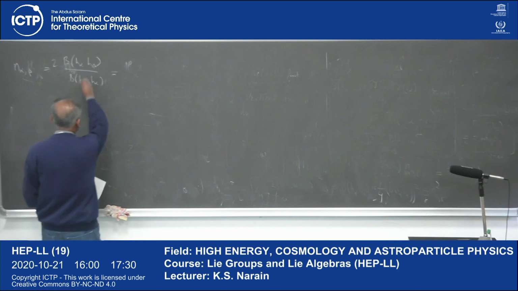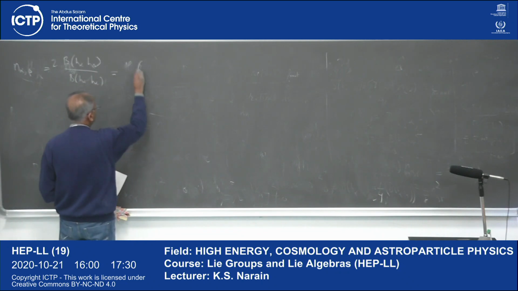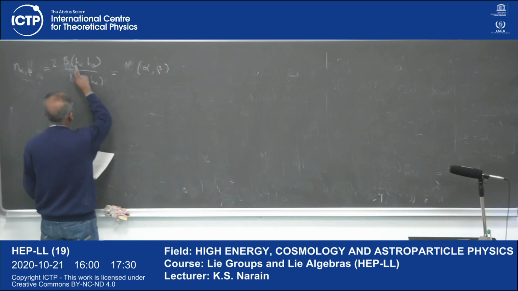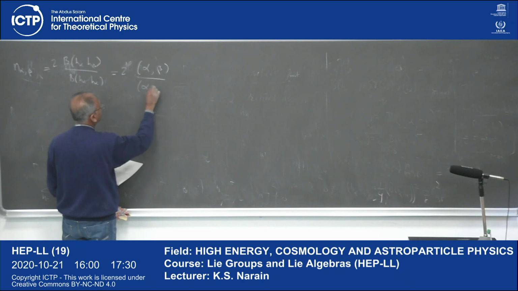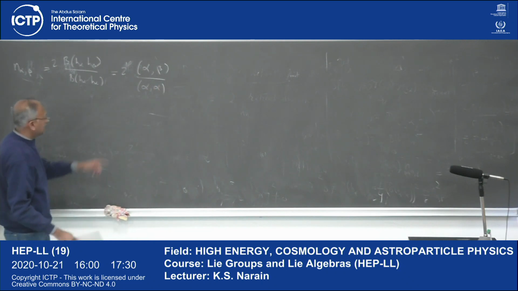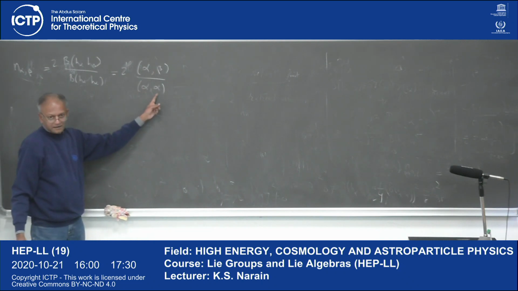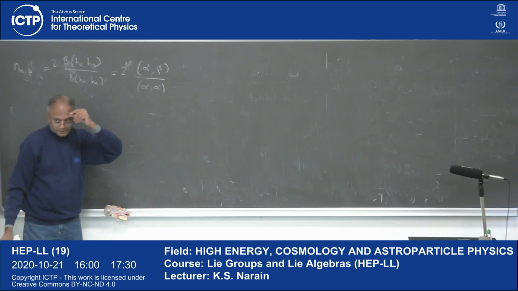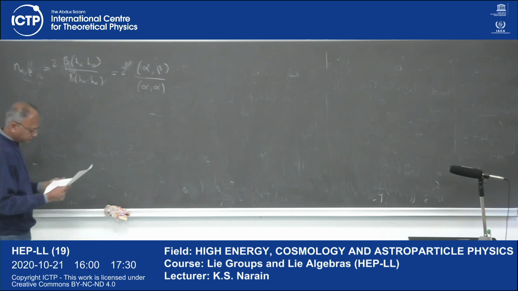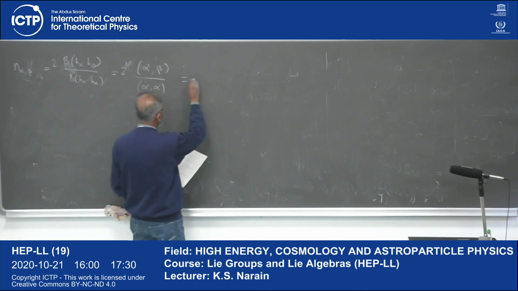This is nothing else but alpha dot beta, with a factor of 2 there, and alpha dot alpha, in the usual way of thinking about vectors. And this we know is P minus Q.